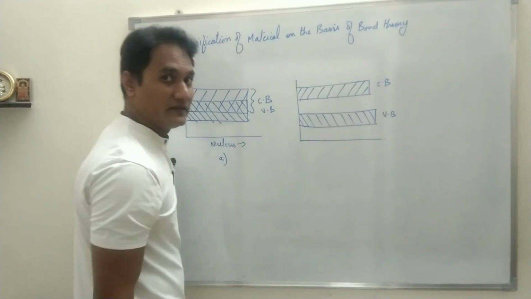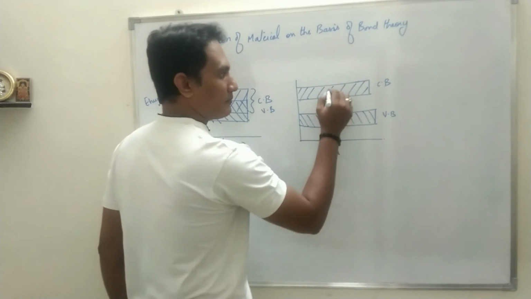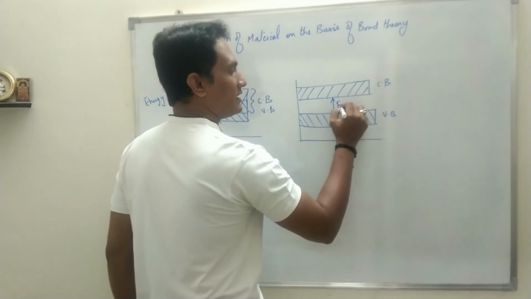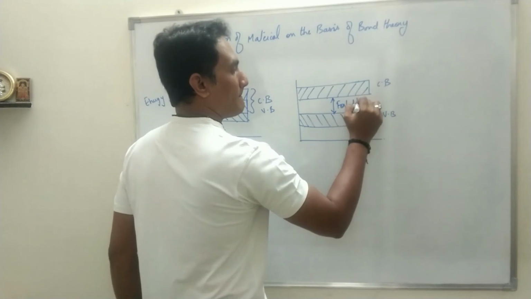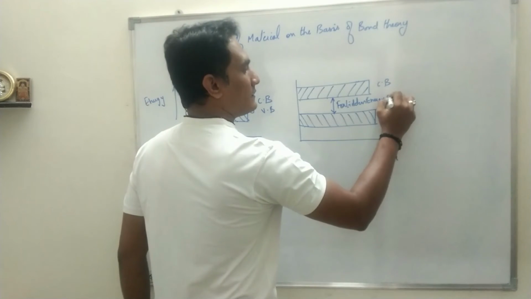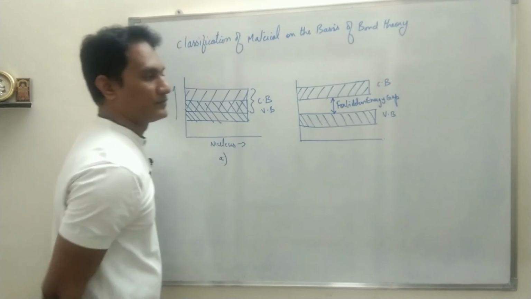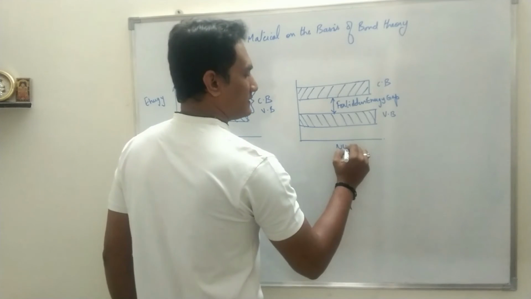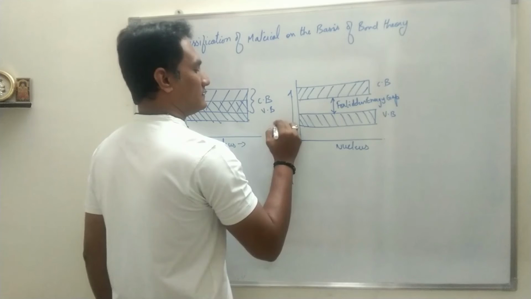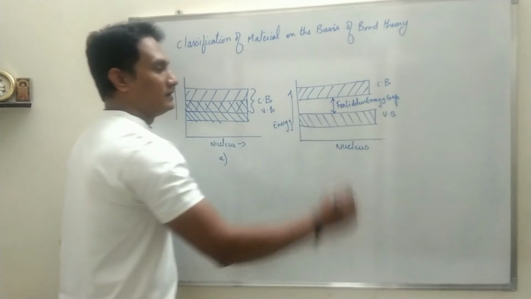Only then they will start conducting. So this is the gap. We will represent it graphically by a gap. This is called the forbidden energy gap. Again, this is the nucleus and this is the energy associated with the signal.